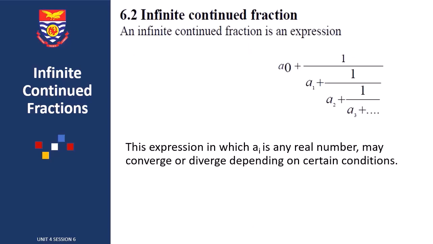Now let's look at the infinite continued fraction. I've already given you the definition, and the expression over here is what we discussed in the previous lesson. This expression, in which ai is a real number, may converge or diverge depending on certain conditions. What then is the difference between convergence and divergence of a set or series or sequence?